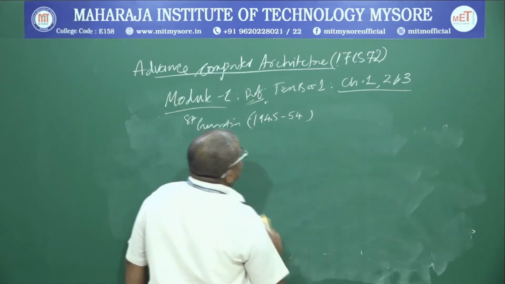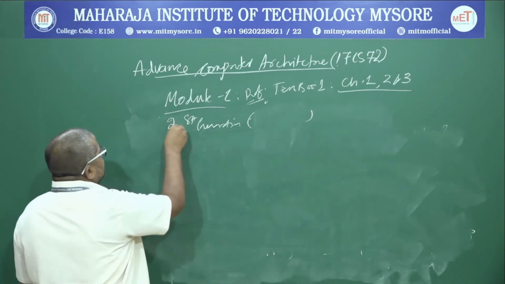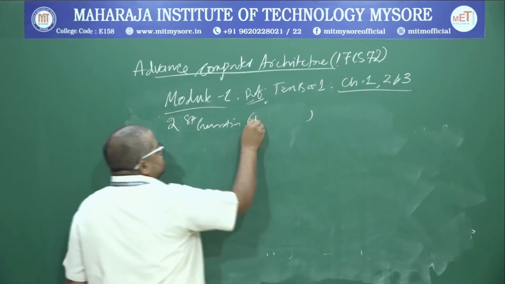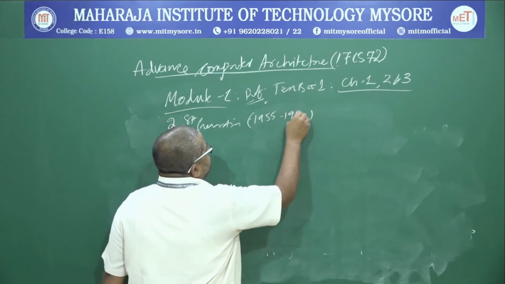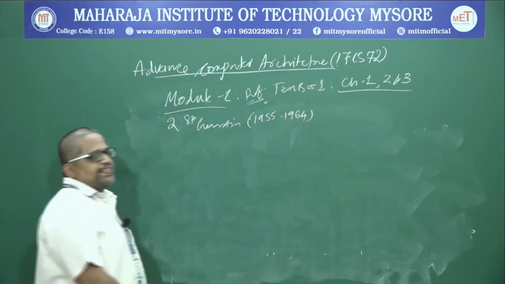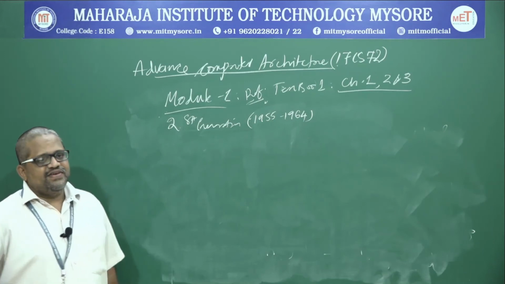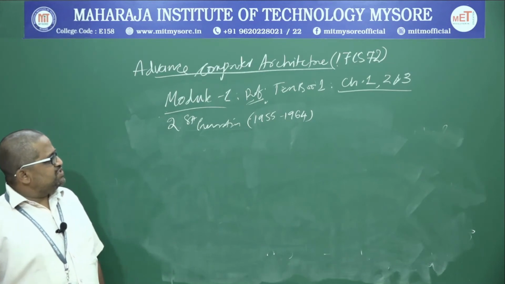Now, if you look into the second generation, when did the first generation end? It ended in 1954. The second starts in 1955 and ended in 1964, right. Now, what was the technology used here?